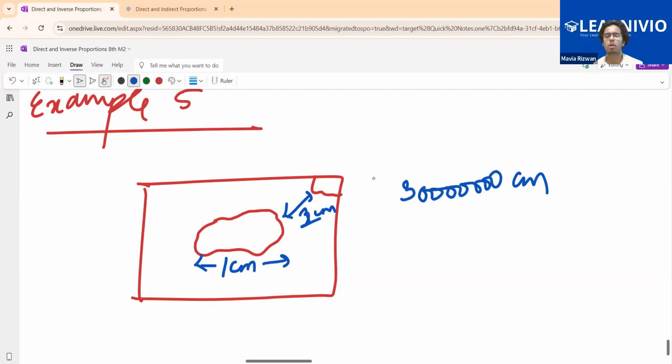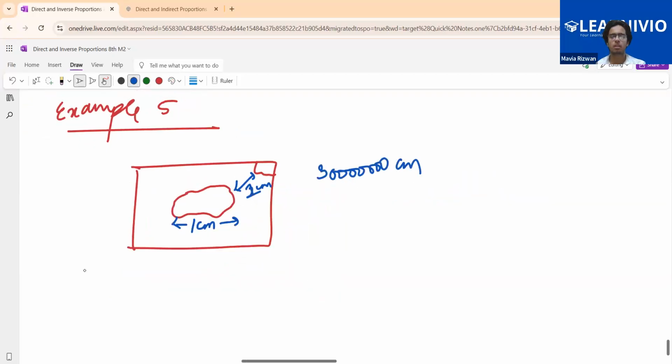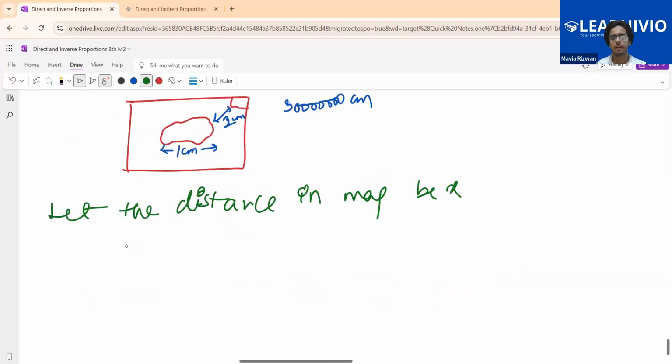So what I'm going to do is let the distance in map be x and let the distance in real be y.